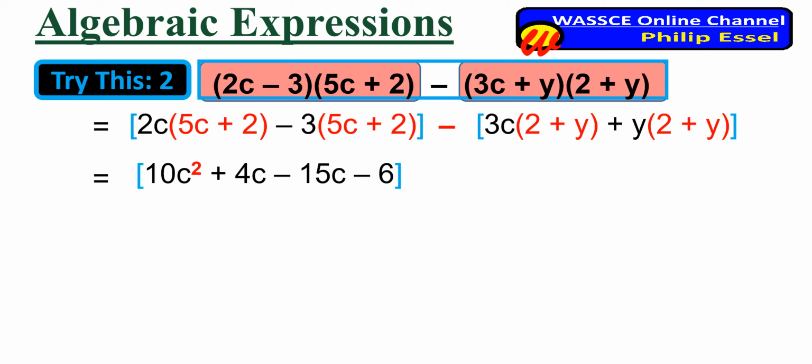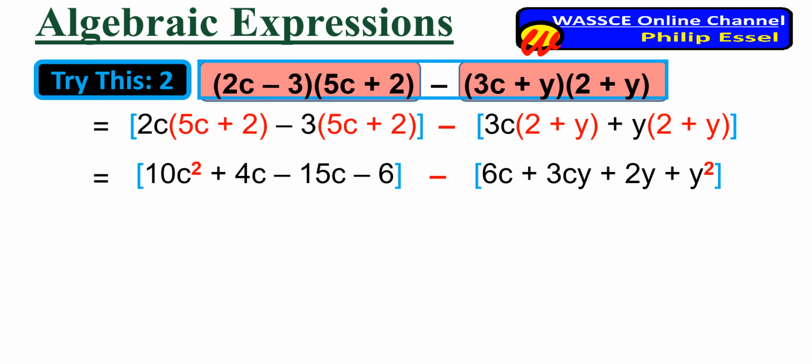Again, the 2c times the 2 would give us 4c. Then negative 3 times 5c would give us negative 15c. Again, the negative 3 times the 2 would give us negative 6. Let's repeat the minus sign.